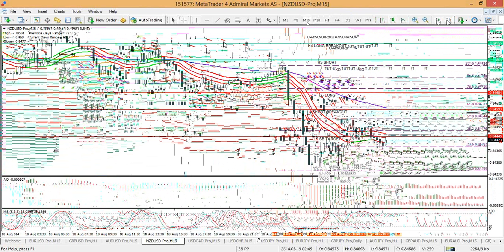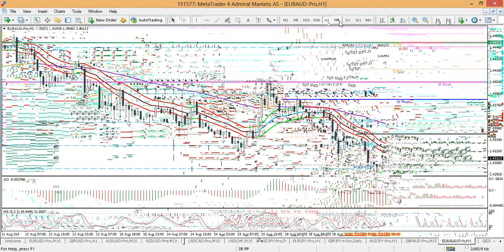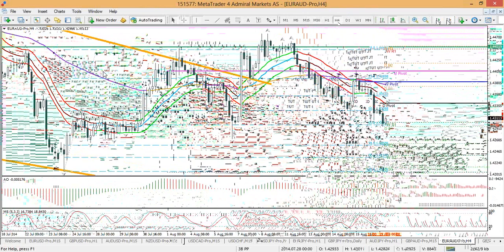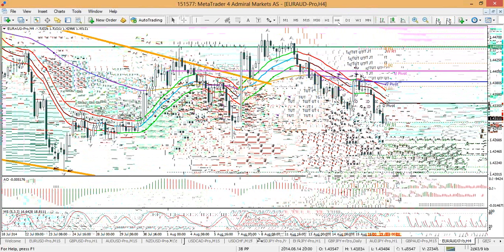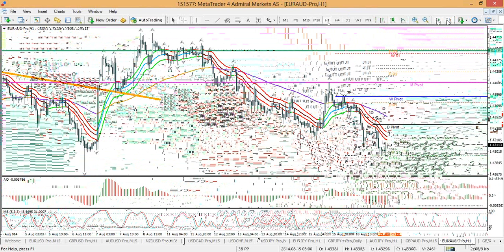So Judy is asking about shorting the Euro Aussie to trade the Aussie. Let's take a look at the Euro Aussie. Well, the Euro Aussie definitely looks better than the Aussie USD.